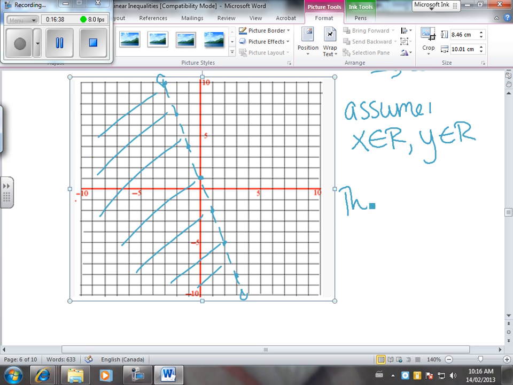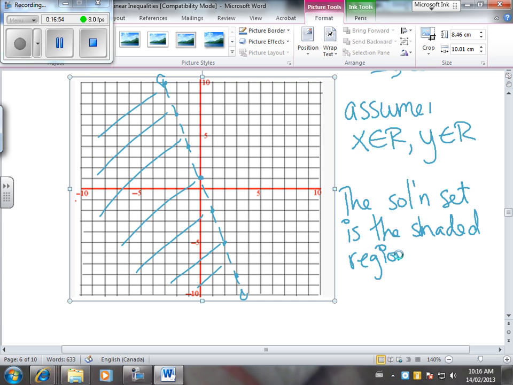And then the solution set is the shaded region only. Okay, we do not include the boundary line because this inequality is less than, not less than or equal to.